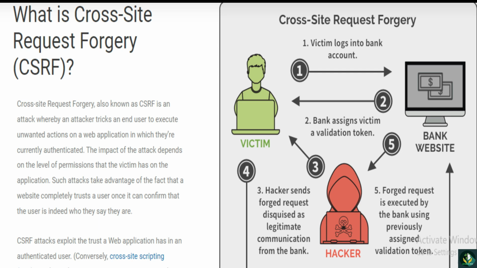Conversely, cross-site scripting. Look at the left side picture. The victim first logs into the bank account, and then the bank assigns the victim a validation token. Hackers send forged requests disguised as legitimate communication from the bank.